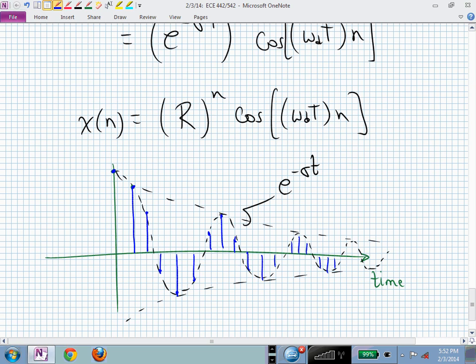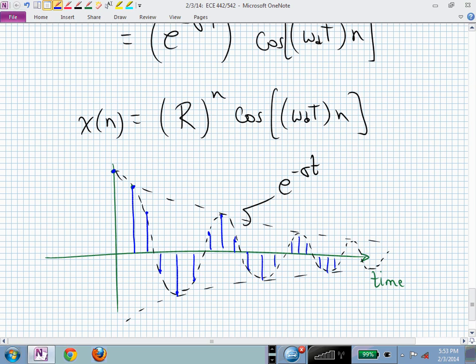That's now our exponentially damped cosine waveform. How quickly it decays is dependent on the size of R and how many oscillations we have in a unit time is going to depend on that theta sub d.